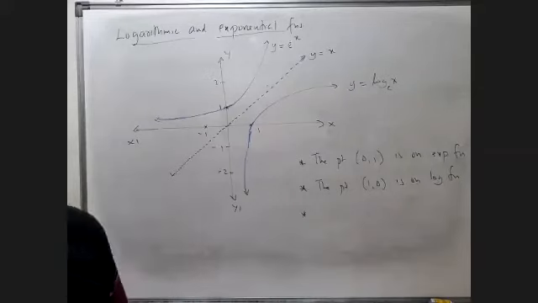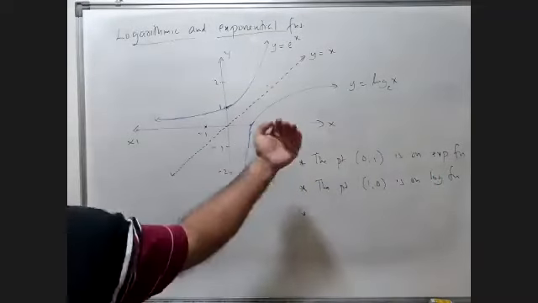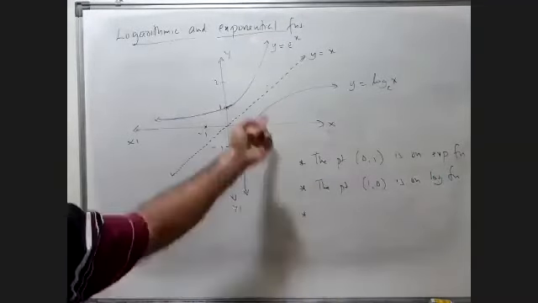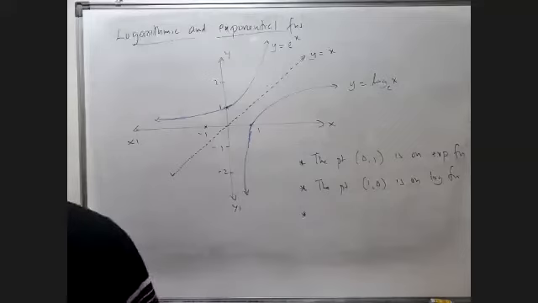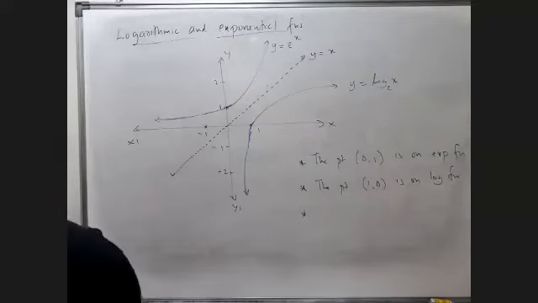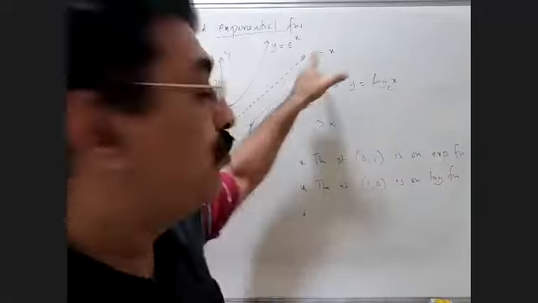Yes, I repeat once again what we said: the graphs of the exponential function and logarithmic function are the mirror images of each other, reflected on the line y is equal to x.